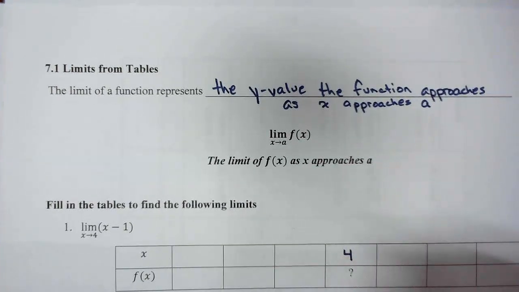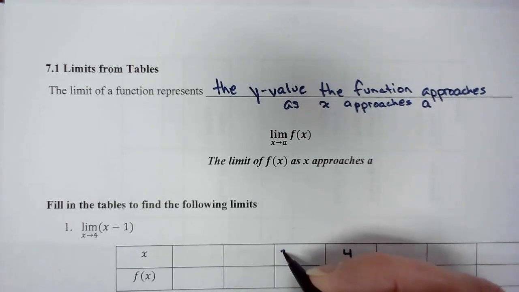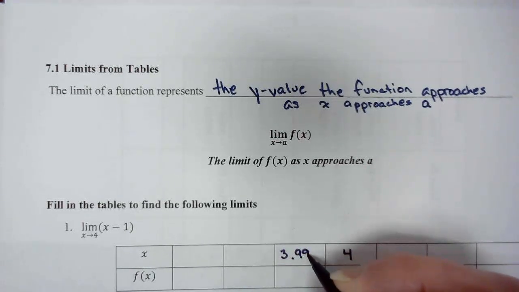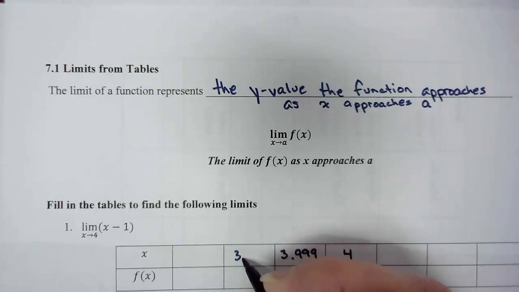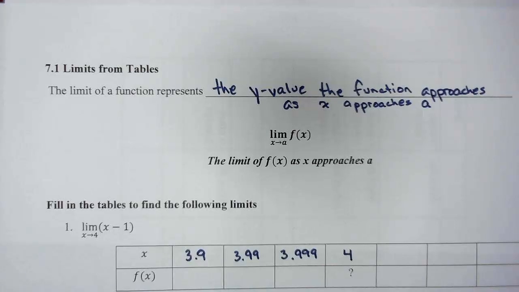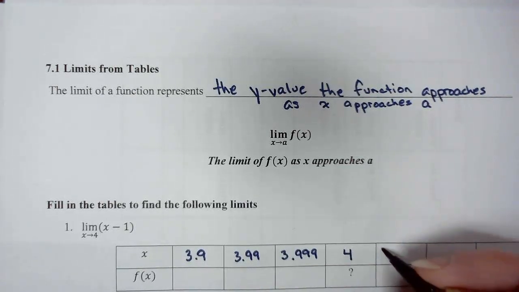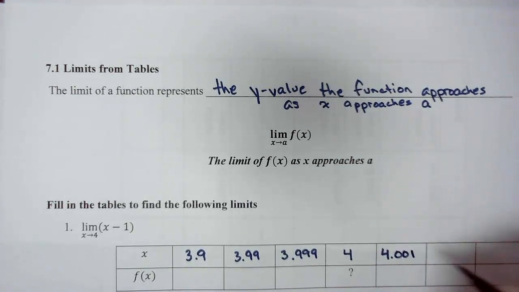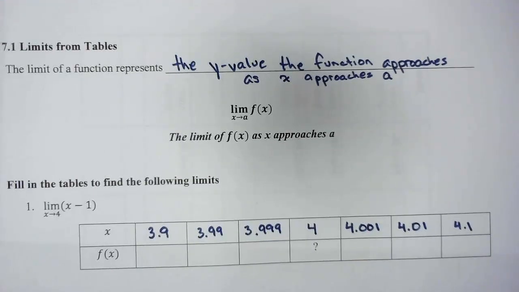If I go to the left of 4, just a little bit, that'd be like 3.999, 3.99, 3.9. On the other side, 4.001, 4.01, 4.1. Let's see if we can figure out what we're approaching.